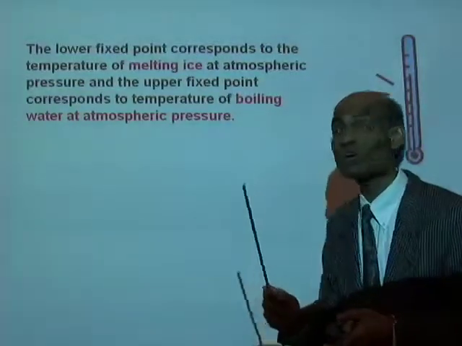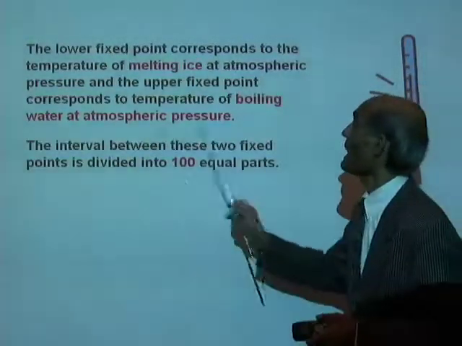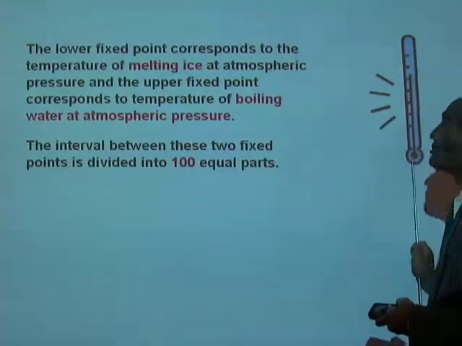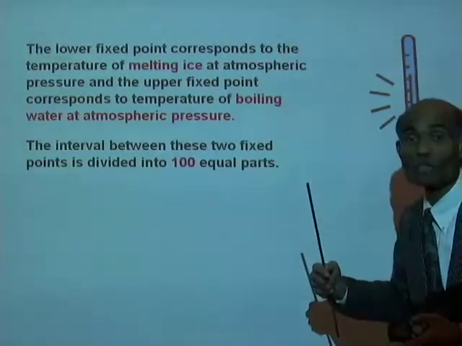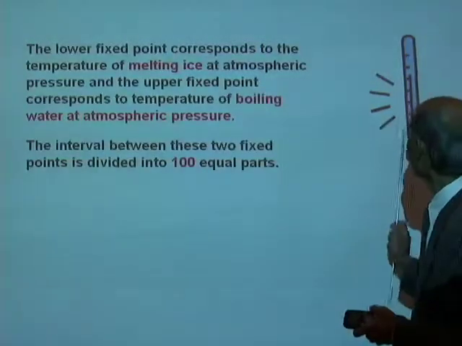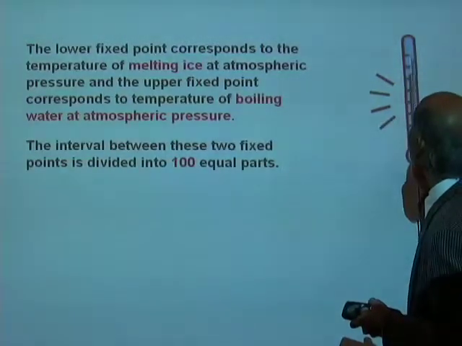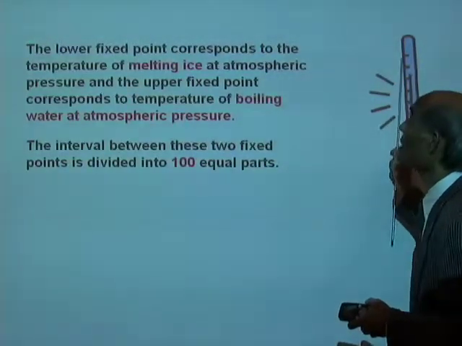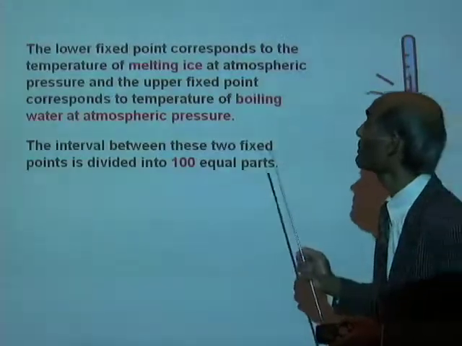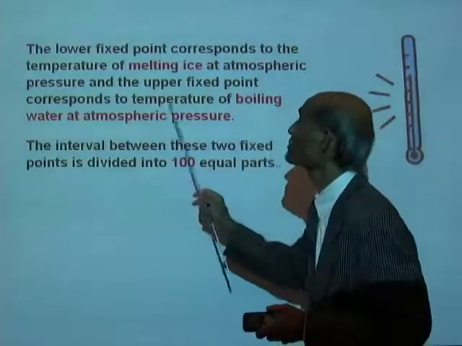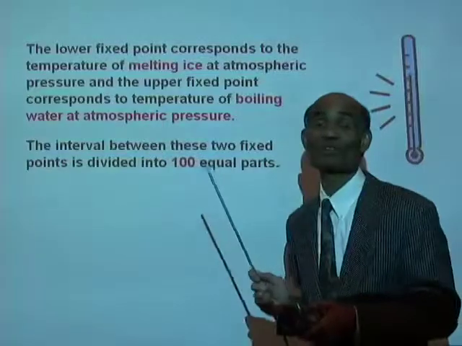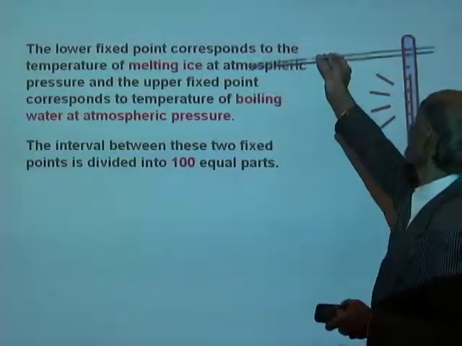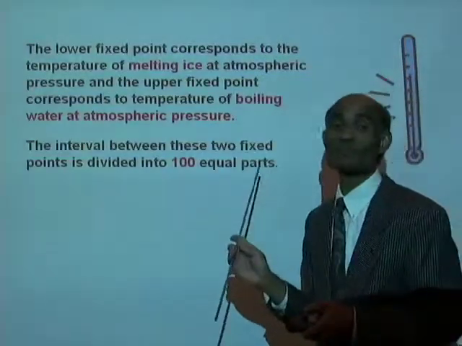That will be 0 degrees Celsius. And similarly, if you cover the bulb in boiling water at 1 atmosphere, the level of mercury will increase and settle down somewhere here, and that will be the upper fixed point. The upper fixed point is the temperature corresponding to the boiling point of water. So you have a lower fixed point and an upper fixed point.